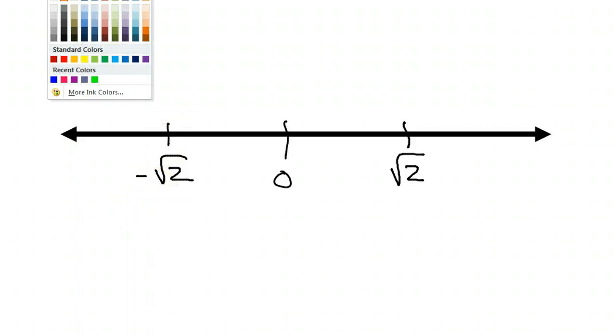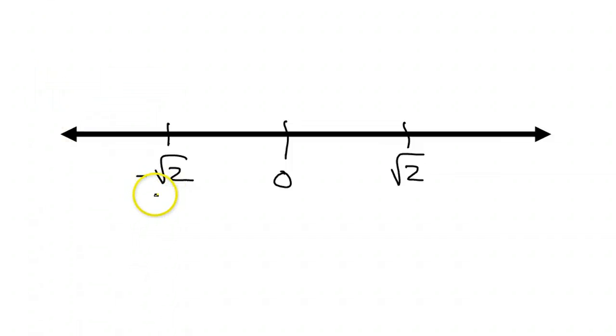Please just keep in mind that this is approximately negative 1.4, and this is approximately positive 1.4. Now, we said we were going to do open circles, so I'm going to put an open circle here and an open circle here.